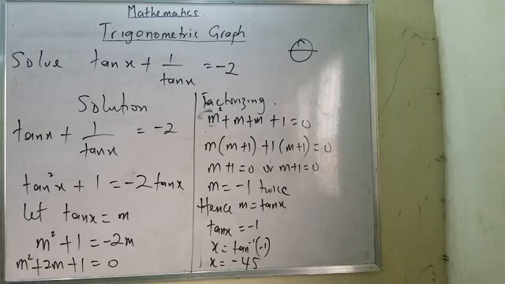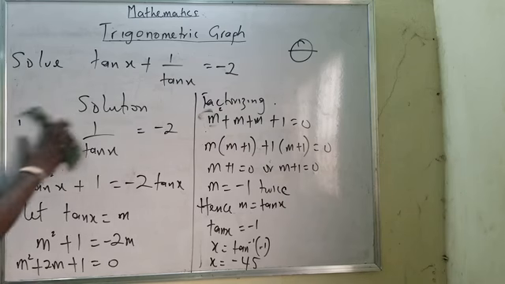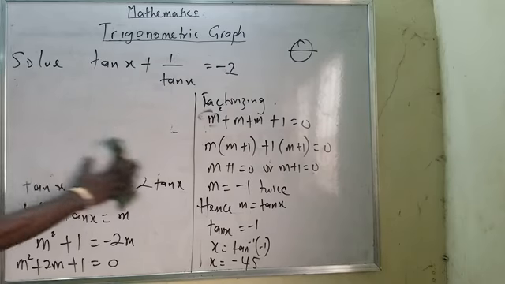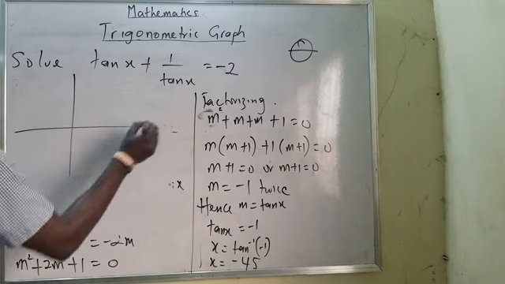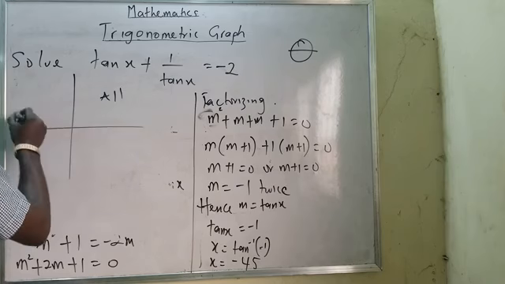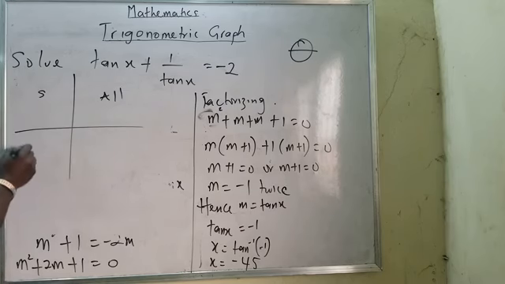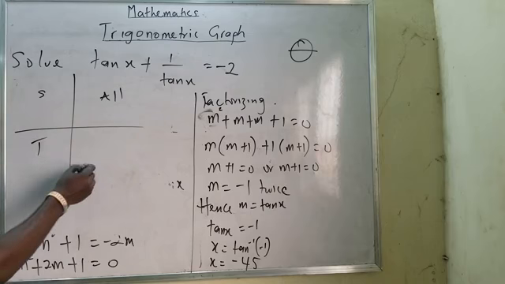What next? What you will do is that now you know what is called quadrant. I've explained all this in our video. First quadrant, second quadrant, and third quadrant. This is called quadrant. Now we have sin, we have tan, and we have cos.